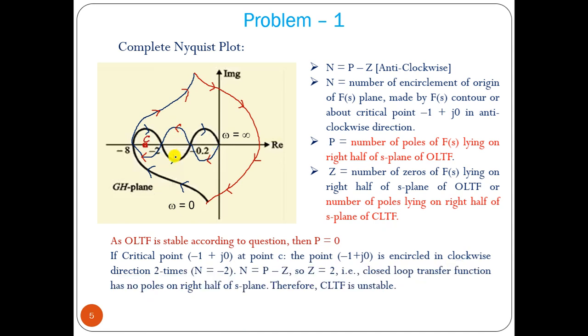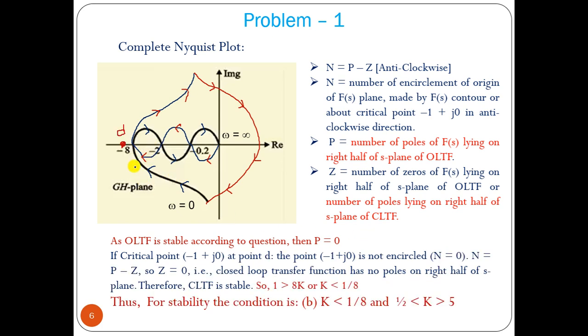Now, if we look at point C, say this is your point. If you draw a line here, it intersects with two lines of the Nyquist plot, both in clockwise direction. So N should be minus 2. Clockwise direction means minus 2. So if you put it in this equation, P equal to 0, Z becomes 2. So the closed loop transfer function is unstable. So we do not have to find any range of value of k.